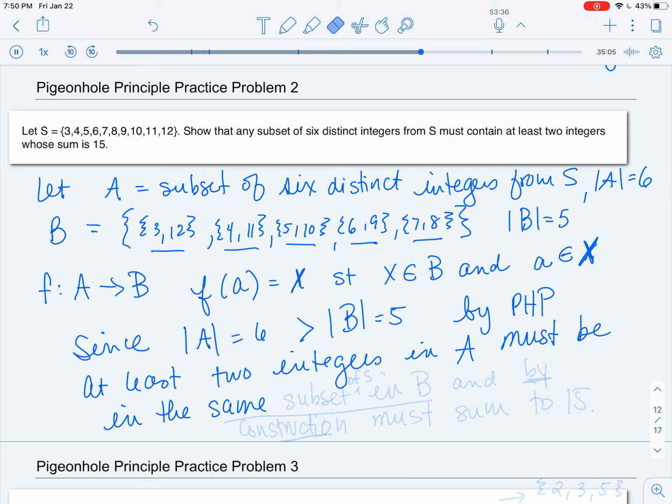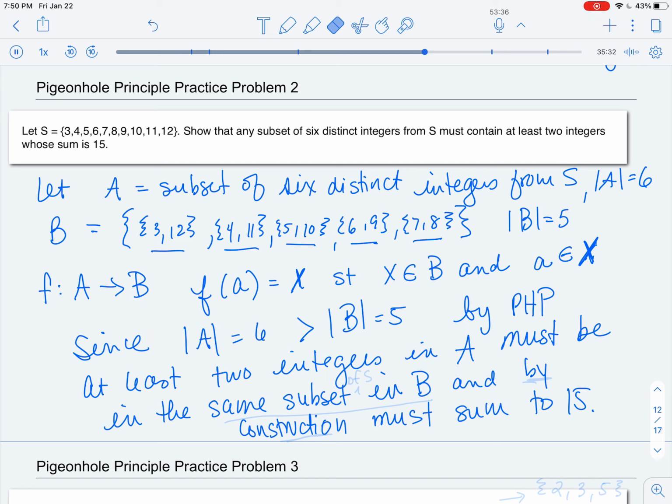I'll just be more precise: the same subset in B, and by construction, must sum to 15.